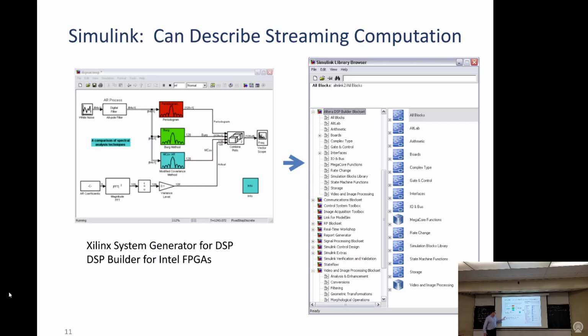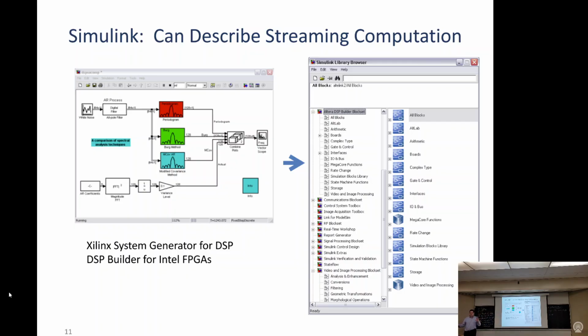At least Xilinx and Altera have hooked into that ecosystem because a big part of their market is signal processing, so that engineers who use Simulink to figure out whether this system is going to meet their signal to noise or bit error rate requirements can generate hardware. Xilinx has something called System Generator. Altera has something called DSP Builder.